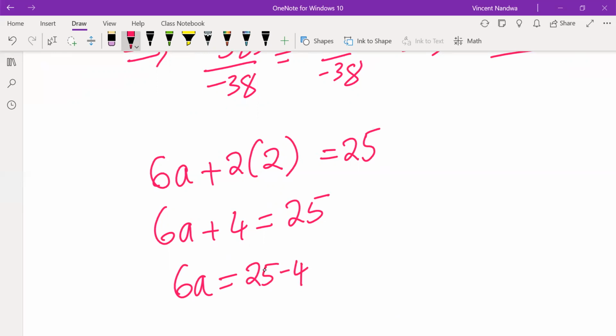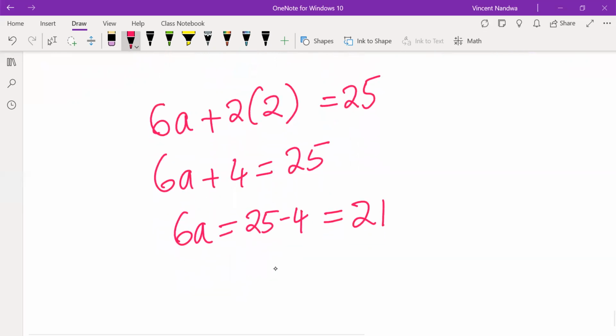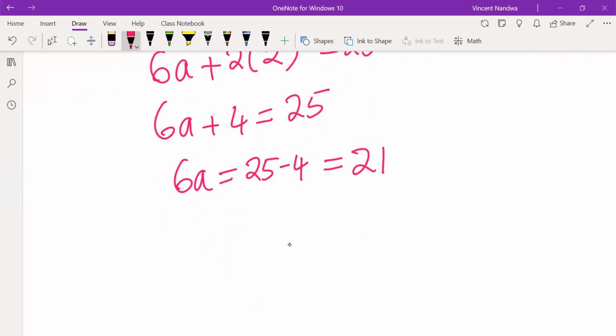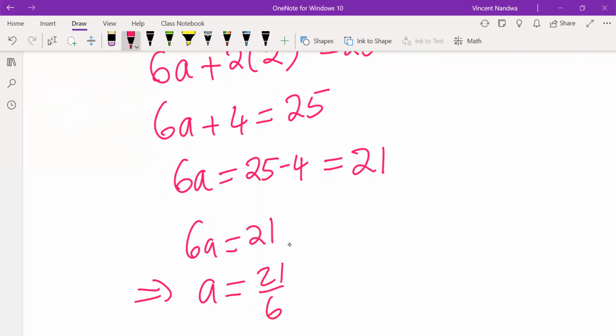And then this will give me 25 minus 4 is 21. So I have 6A equals 21, which means A is 21 over 6.